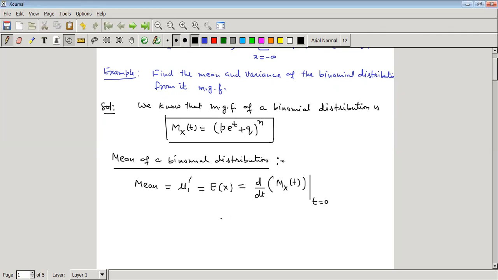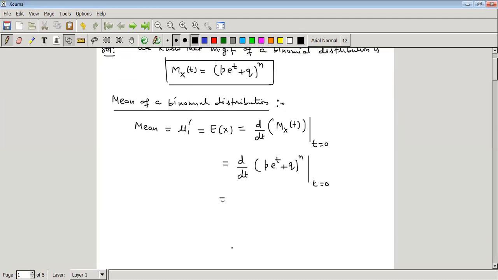So let us differentiate this. d by dt of M_X(t), which is (p e to the power t plus q) whole power n, at t equal to 0. We differentiate with respect to t.